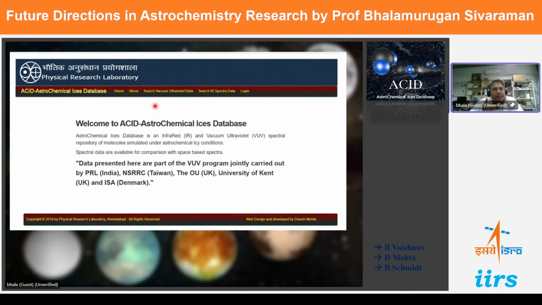You can see how these spectra are being used to match with space-based data, such as the Hubble Space Telescope, or the Spitzer Space Telescope, which had data in the infrared, and so on. And you can get a feel of how the problems are being solved. And this is my last slide, but before I conclude, the major challenge that we have right now with the Chandrayaan sample return mission is that to date, on the lunar samples, organics have not been found.